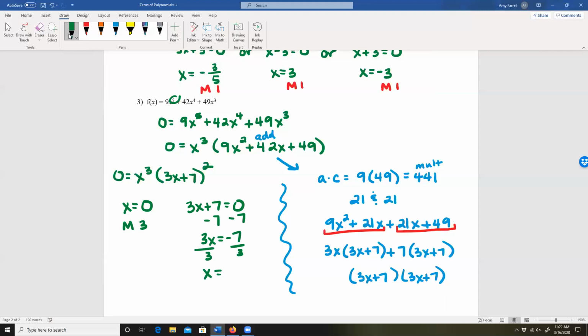And its multiplicity is 2. So I only have 2 unique zeros. They are 0 and negative 7/3. But if I count each the same number of times as the multiplicity, I do technically have 5 zeros. So my 5 zeros are 0, 0, 0, negative 7/3, and negative 7/3.